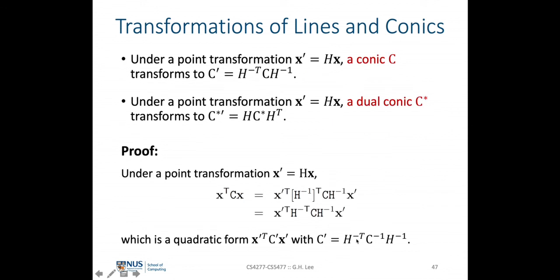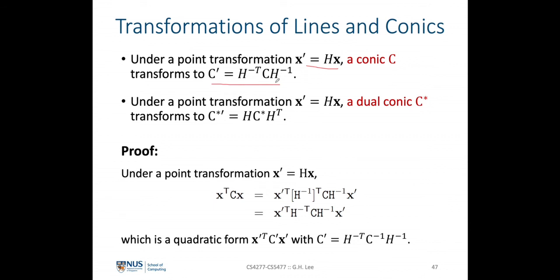Now let's look at how the linear mapping or the point projective transformation affects a conic. Under the same projective transformation of a point given by x prime equals H multiplied by x, the conic transformation under this homography mapping would be given by C prime equals H inverse transpose multiplied by C multiplied by H inverse.